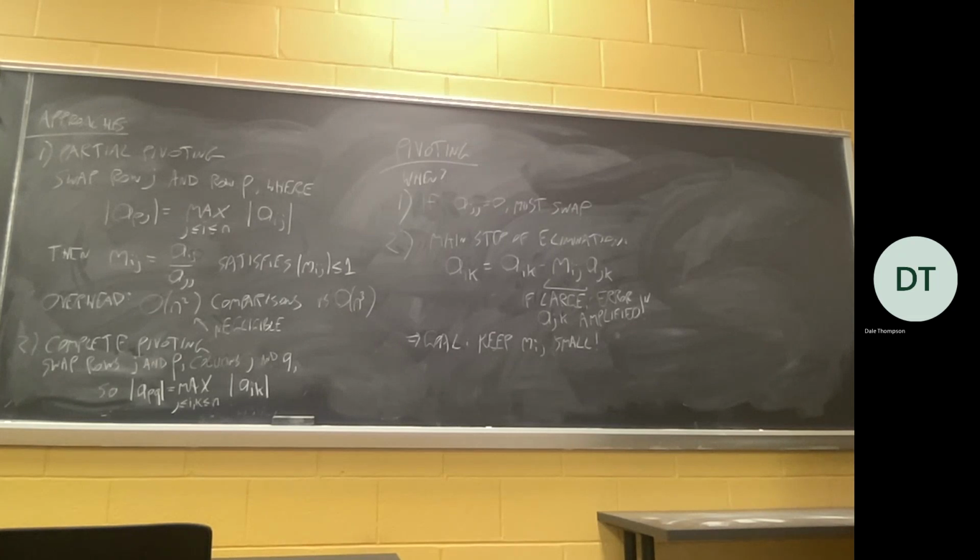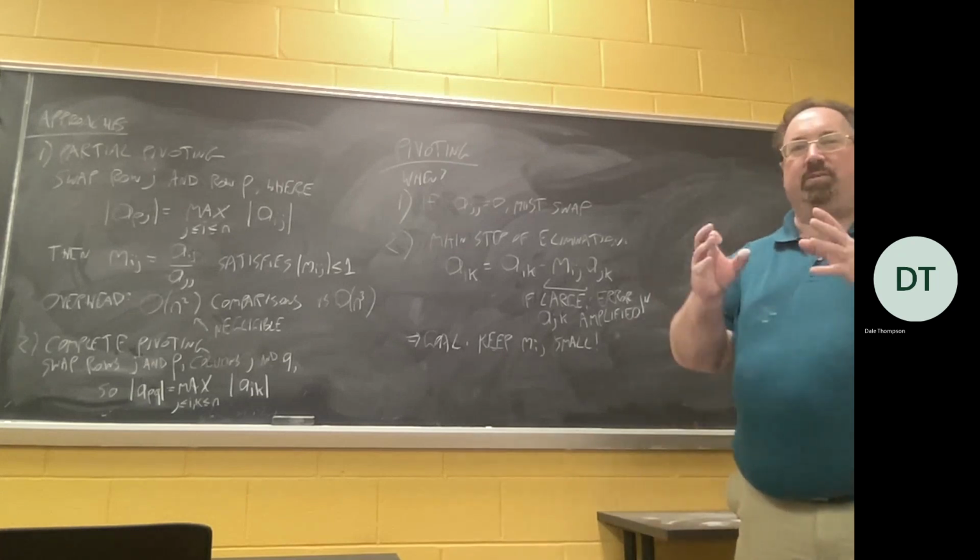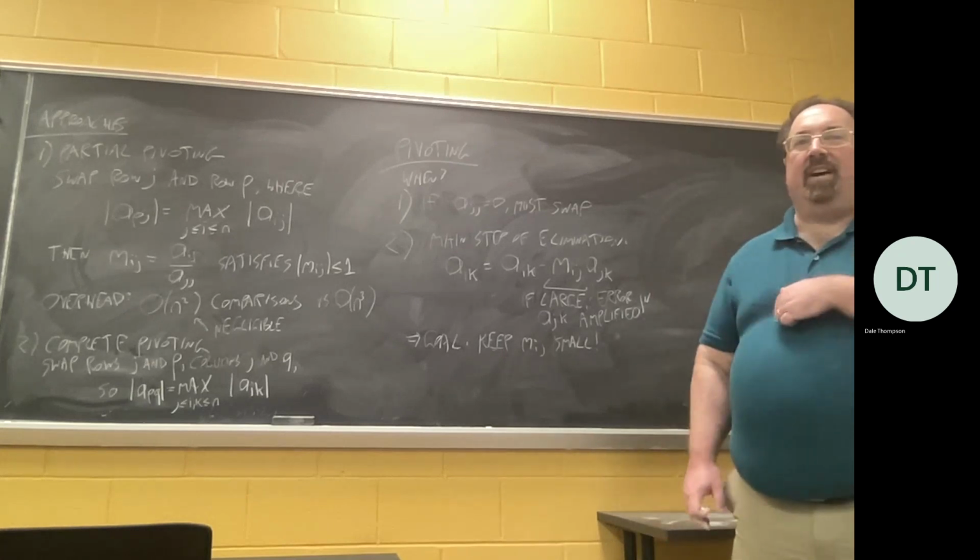Well, it's still order of n cubed. Because you're searching n squared entries, then n minus 1 squared, n minus 2 squared.